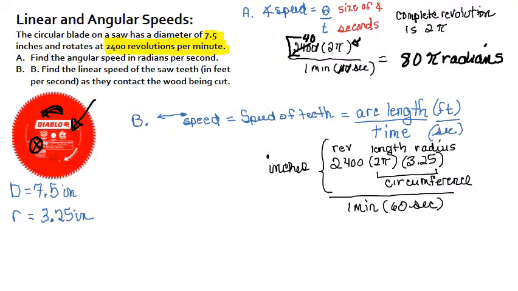Now, the more difficult one is figuring out the linear speed, that is the speed of the teeth as it cuts through the wood. And so we need to find the arc length over time, which is going to be feet over seconds.